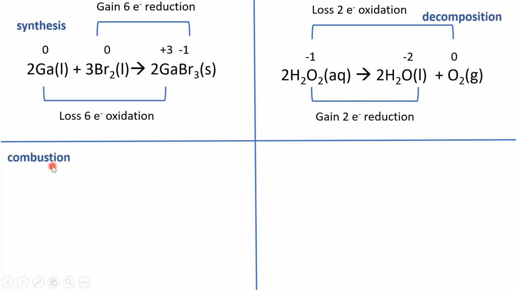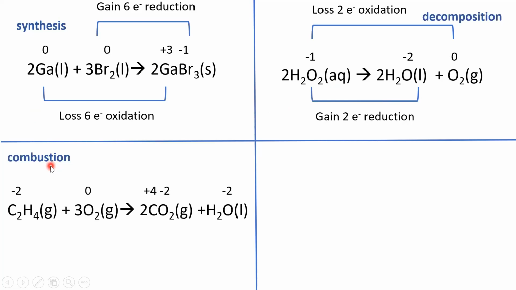Combustion is an example of a redox reaction. If we have some kind of hydrocarbon as a fuel and we react it with oxygen, we're going to produce carbon dioxide and water. It's a combustion reaction. If we look at carbon, its oxidation number is changing.